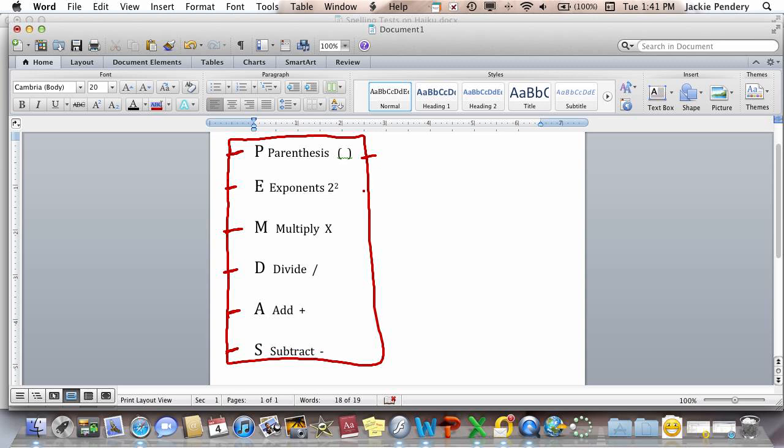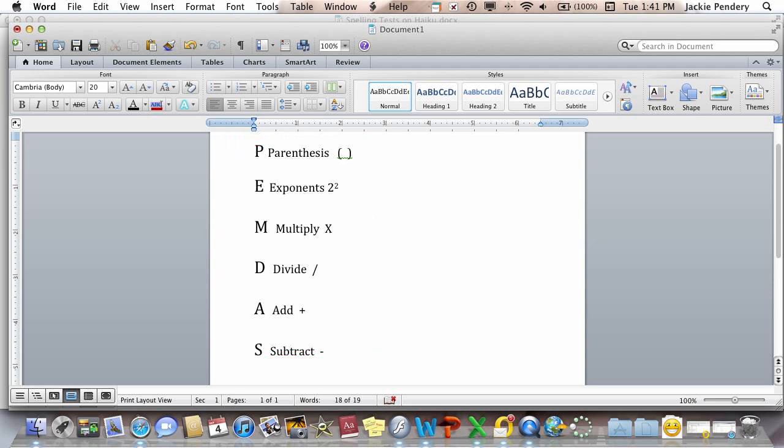Then if there are any exponents, you do that next. Then working from left to right, you would multiply and divide, and then you would add and then subtract. So once you have this written down, let's go ahead and go into the examples.